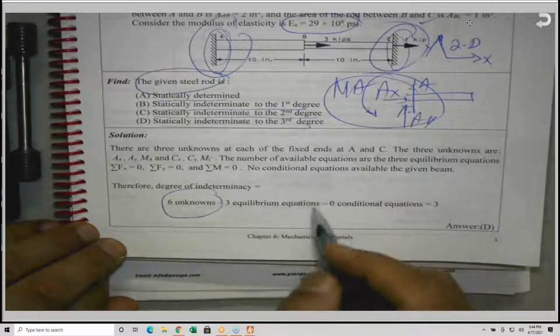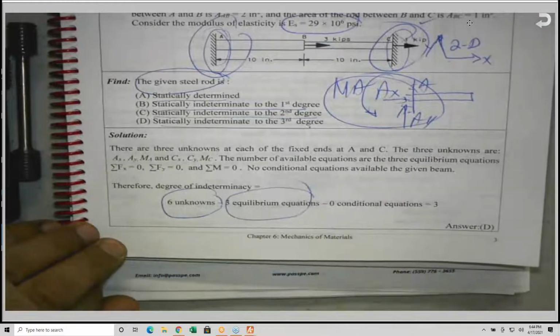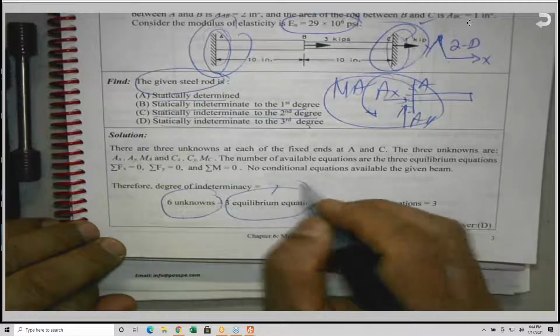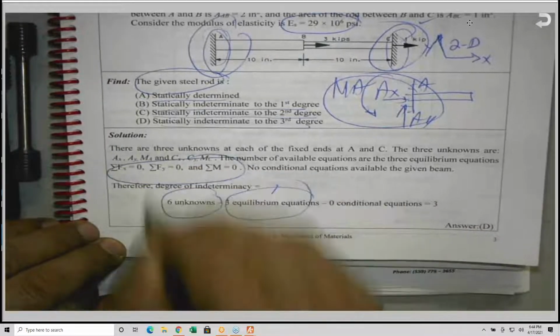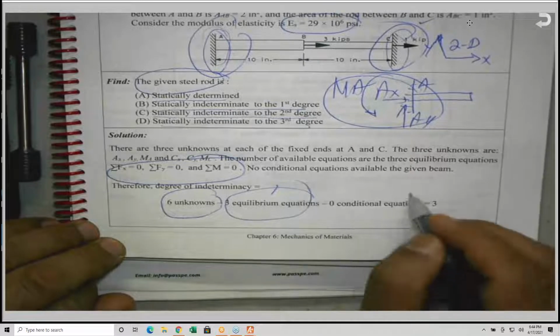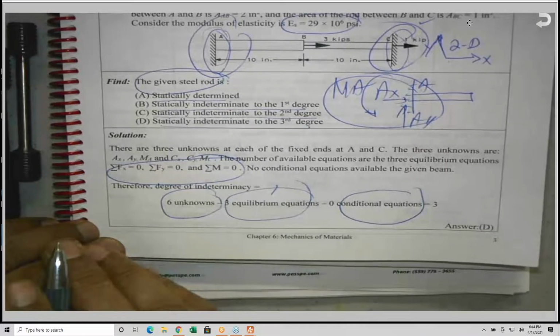But I do have 3 equilibrium equations, which are basically the sum of forces in x, sum of forces in y, and sum of moments. And we don't have any conditional equations.